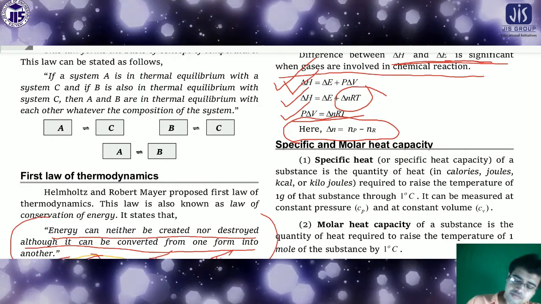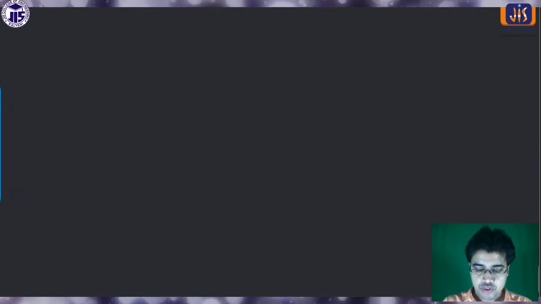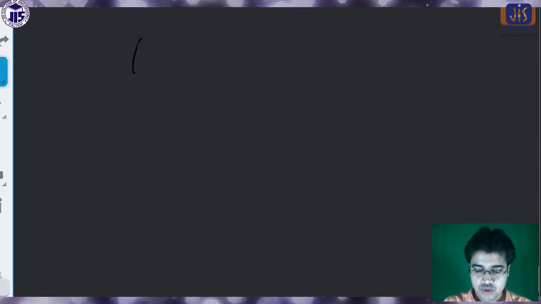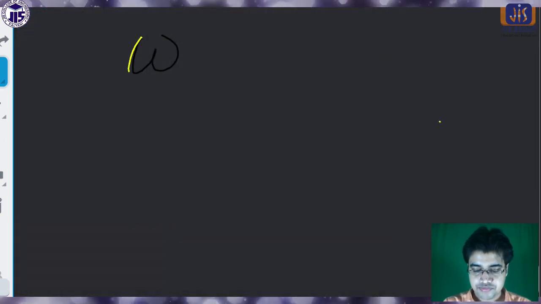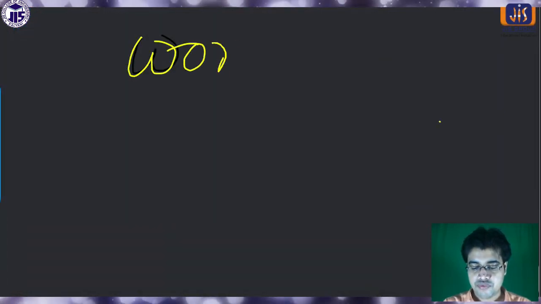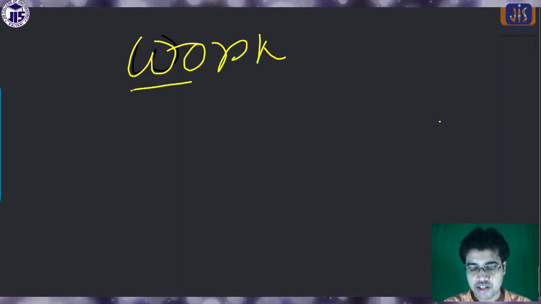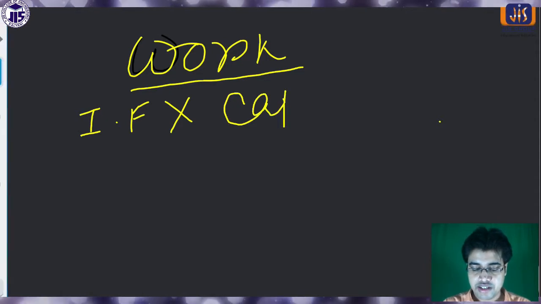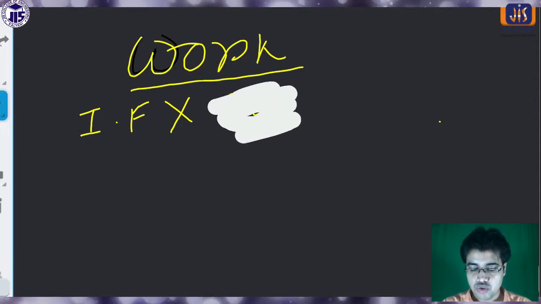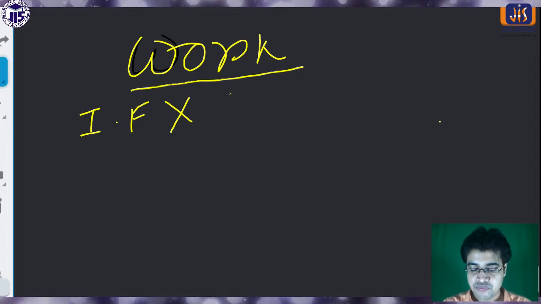Now if we want to define work, how can we define it? Simply, in thermodynamics we define work as the product of intensity factor into capacity factor, IF into CF. What are IF and CF?